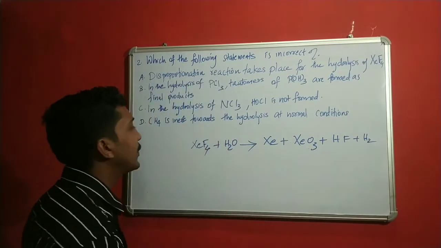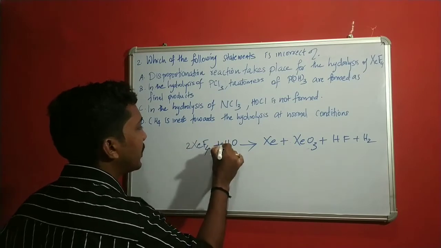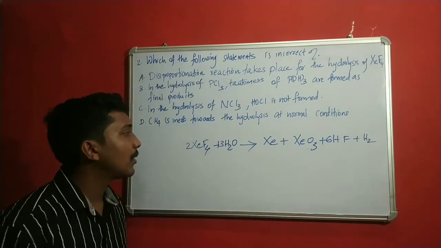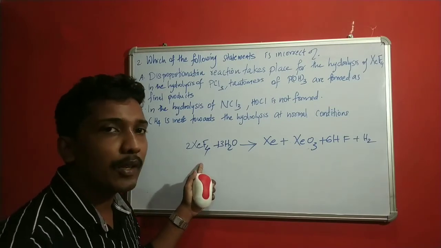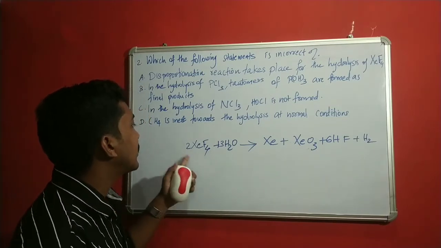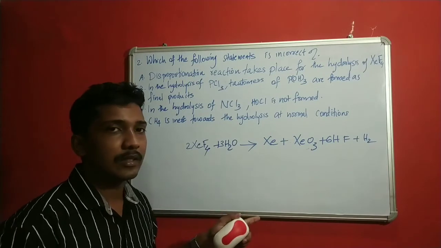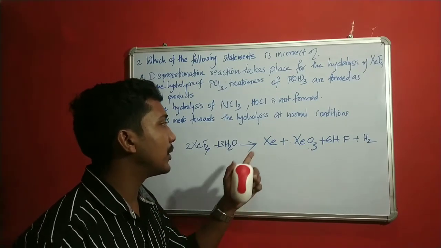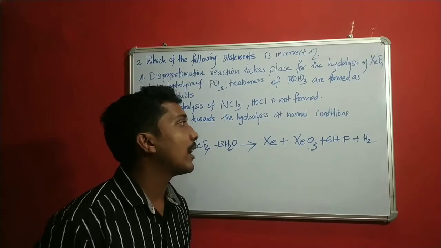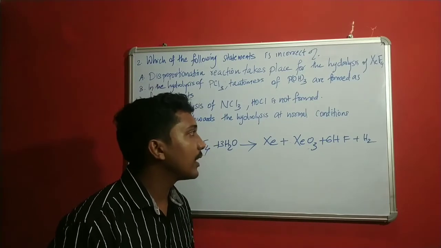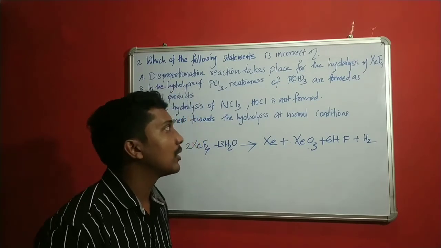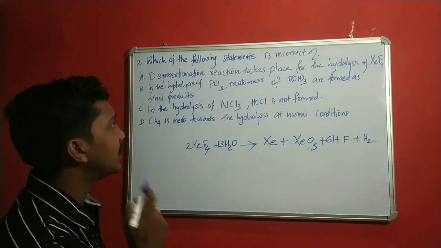To balance this equation, you have to multiply 2 here, 3 here, 6 here. So this balanced chemical equation shows that xenon fluoride on hydrolysis undergoes disproportionation reaction to give xenon gas, then XeO3 along with hydrogen fluoride and oxygen gas. So our option A is correct.